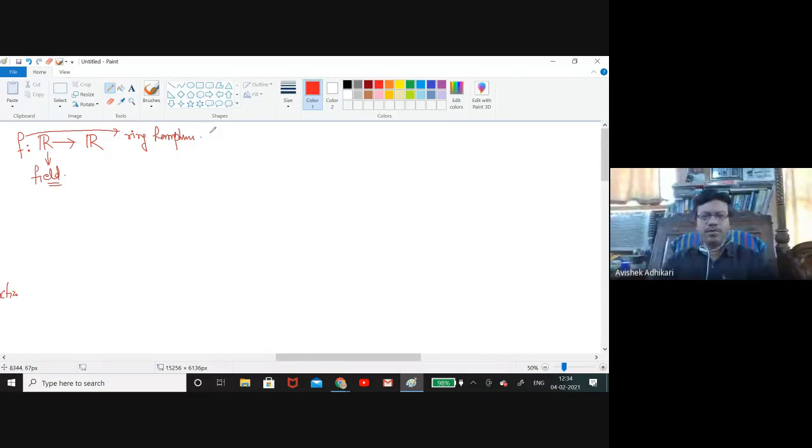And it's a ring homomorphism. So you can think of this as also a field homomorphism, because if it's a ring homomorphism, then it would be a field homomorphism. So I want to find all field or ring homomorphisms from the field R to R. That is my aim.